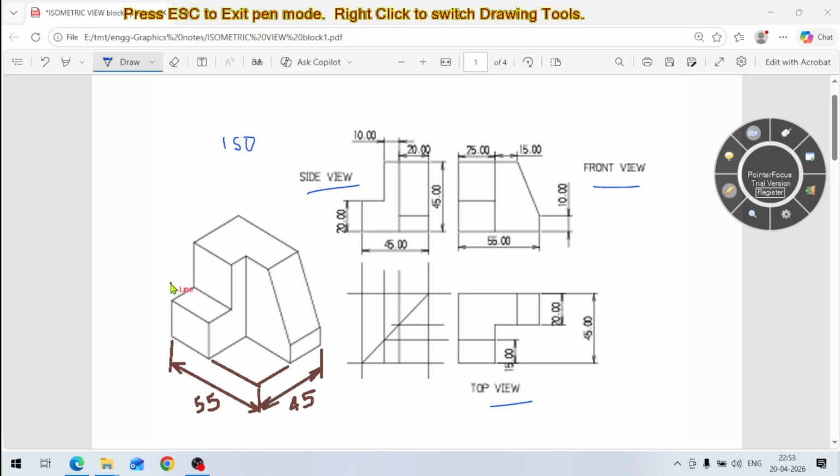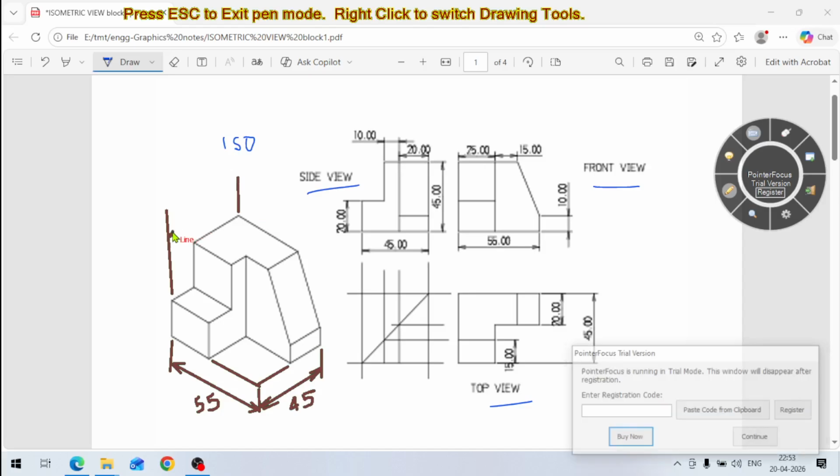Or what I can do is draw one vertical line from this point only. If I draw one line like this here, and one vertical line from this point, okay, and I draw one line parallel to this here like this.